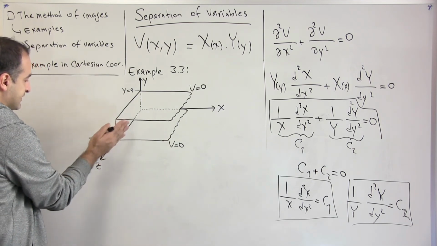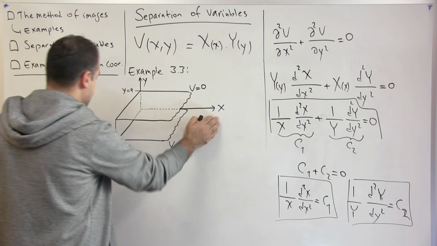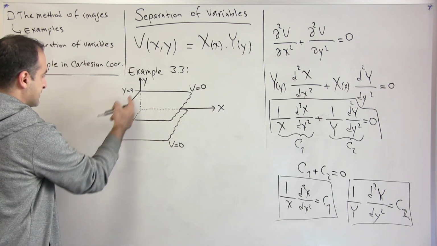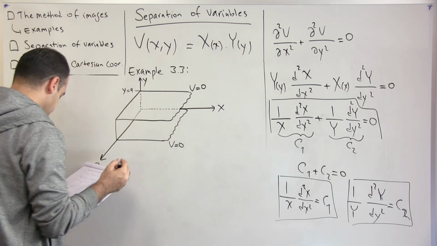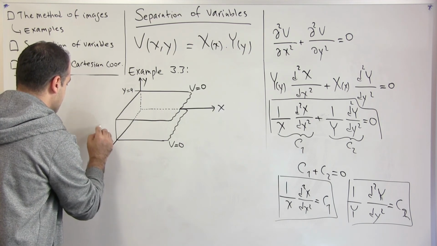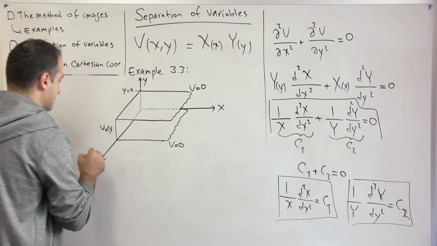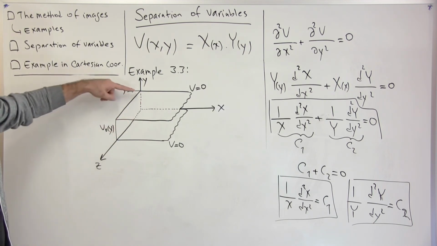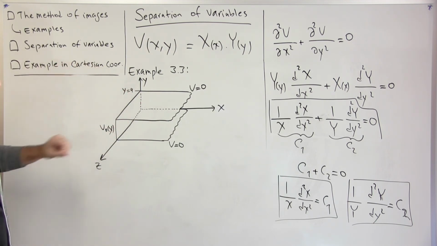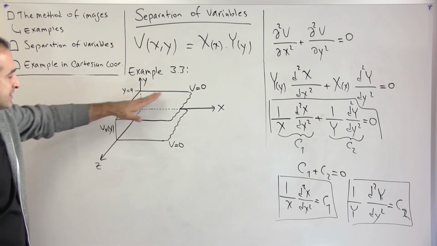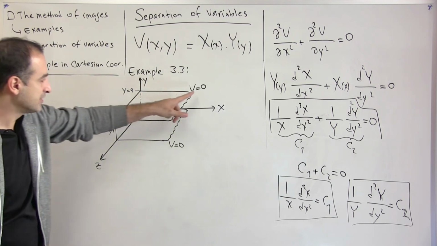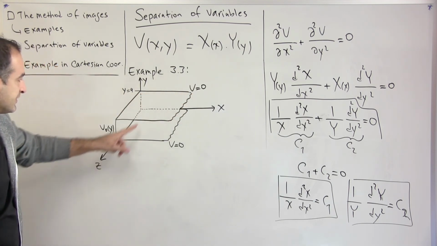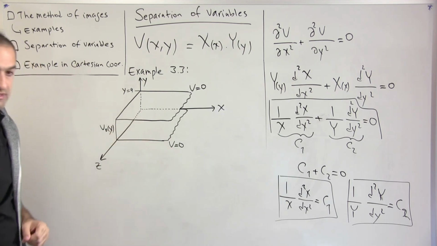On the surface on the left-hand side, at x equals 0, the potential is V0 as a function of y. So the potential is specified on this surface, but it's not necessarily constant. It's V0(y).